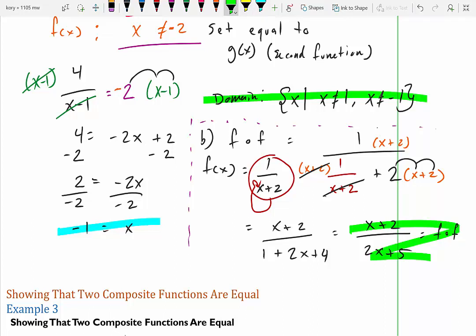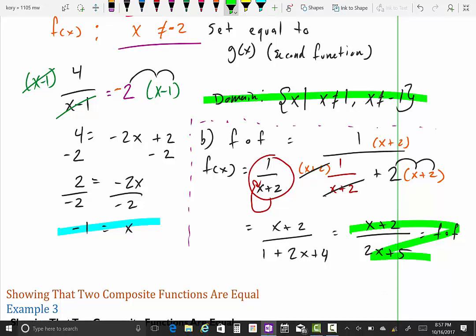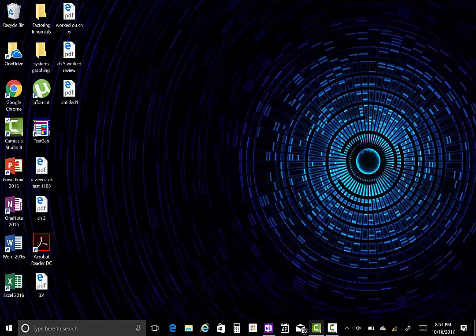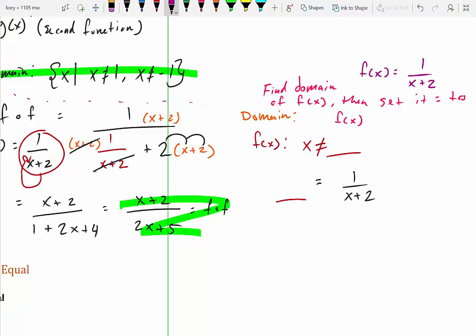So now I want you to spend some time and find that domain. So find the domain of f and then set that equal to f. It's a special one. So find the domain of your second letter, that's part of your domain, and then whatever the domain of your first letter, you set it equal to the second one.